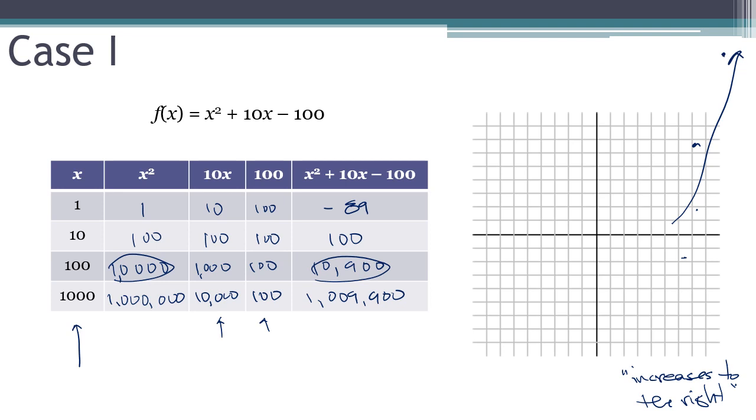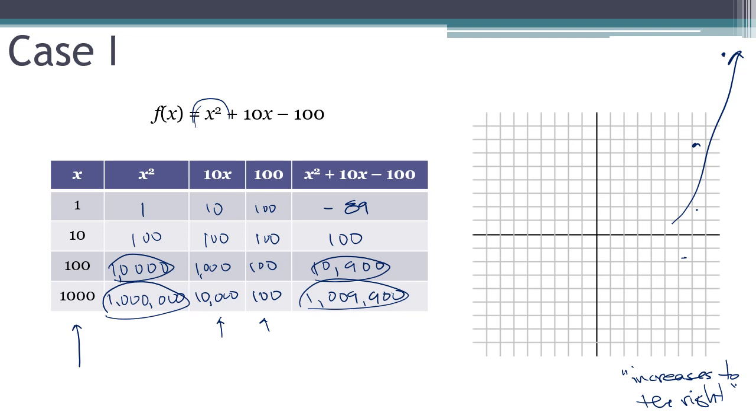Over here on the 1,000 row, the x squared term contributed 1,000,000, and the y value was even closer to 1,000,000. The 10x and the 100 term become increasingly irrelevant as x gets large. So really, when I'm focusing on the end behavior, it really is just this first term, the leading term, that's determining what this final behavior is.